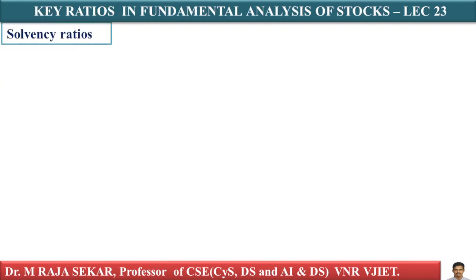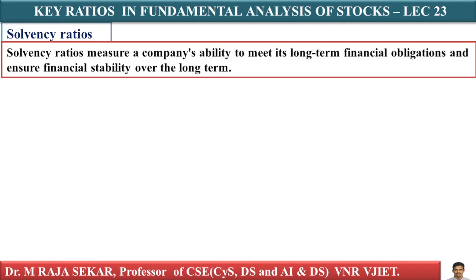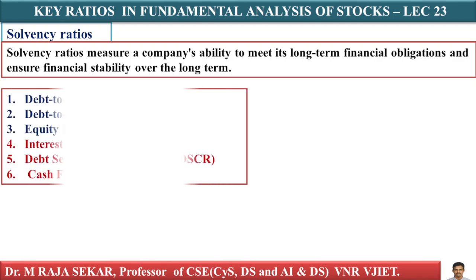Now let me continue my discussion on solvency ratios. What are solvency ratios? These ratios are crucial for assessing whether a business can continue its operations without financial difficulties or the risk of bankruptcy.